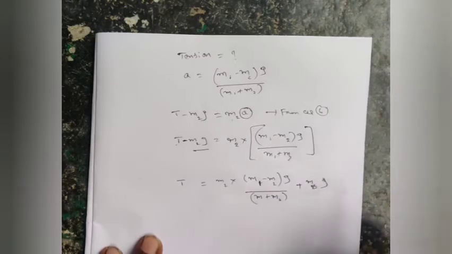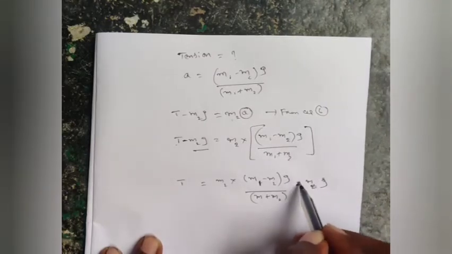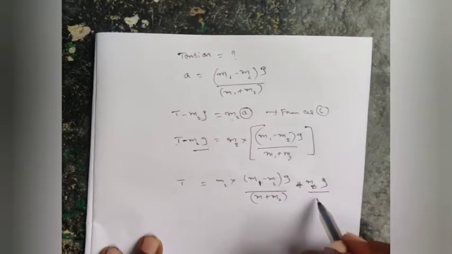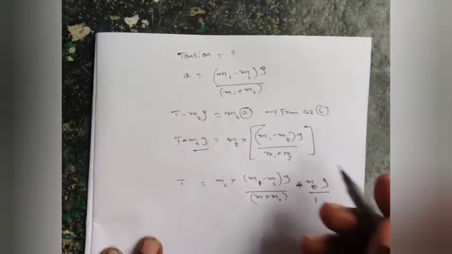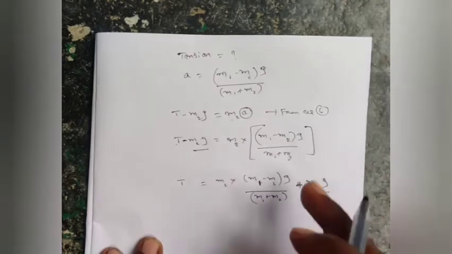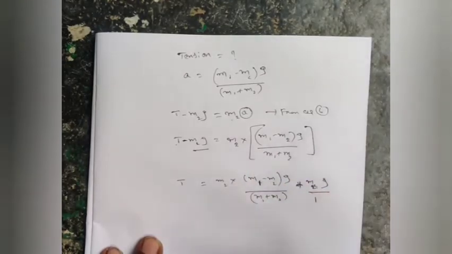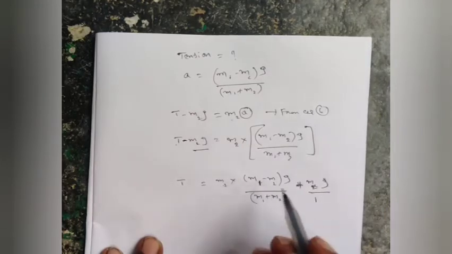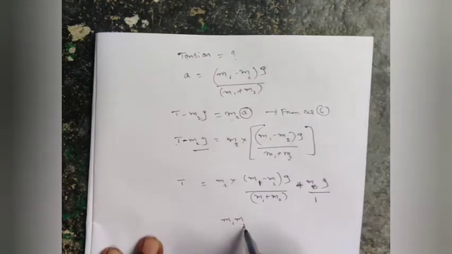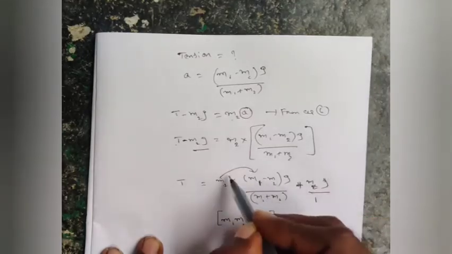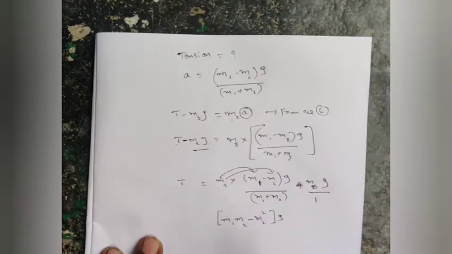Now, since this is a plus, we have to take the LCM. Behind the second term there is 1, so the LCM will be m1 plus m2. Multiply with m2 inside the first term: m1 m2 minus m2 square, into g. After that plus m2g into (m1 plus m2), because of the LCM.